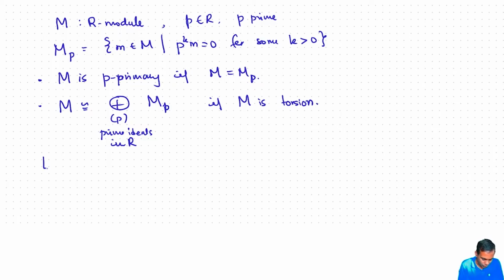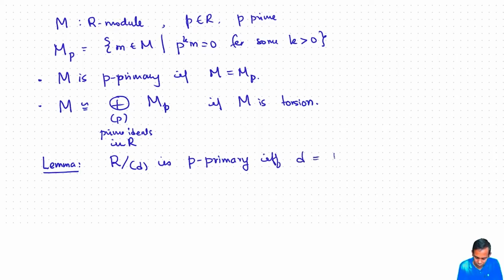A cyclic R module is a module of the form R mod D. So R mod D is P primary, and we are fixing here a prime element P, if and only if the ideal generated by D is the ideal generated by P to the r for some r greater than or equal to 0, to allow D to be trivial.